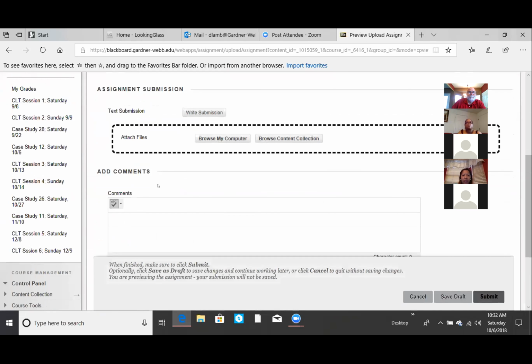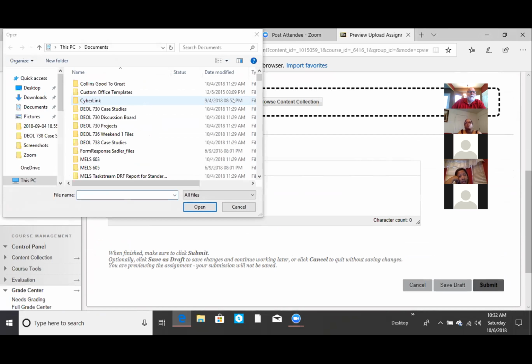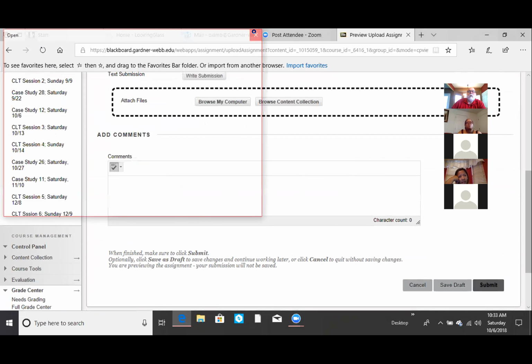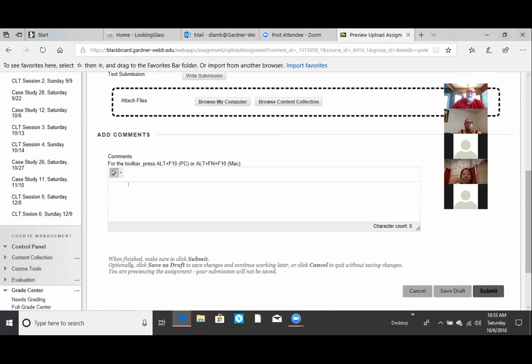I think you browse computer and then, yeah, I mean, I don't remember. You can open up this way, or do you have a link to your Google Slides? Yeah, there's a link to the Google Slides. Just copy and paste it where it says comments.